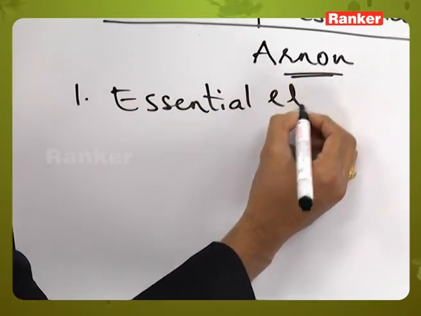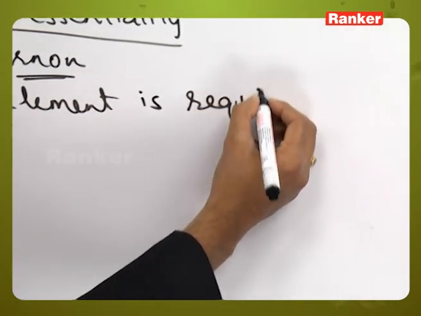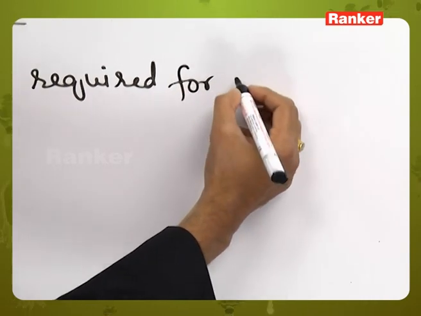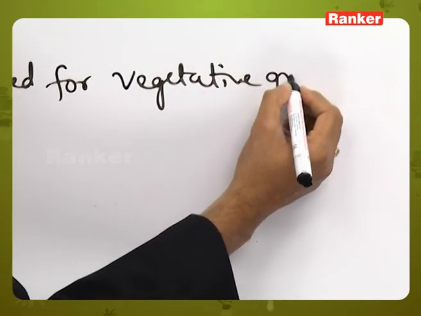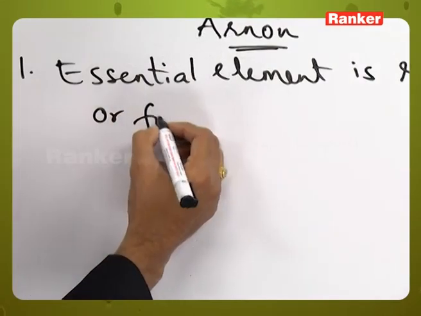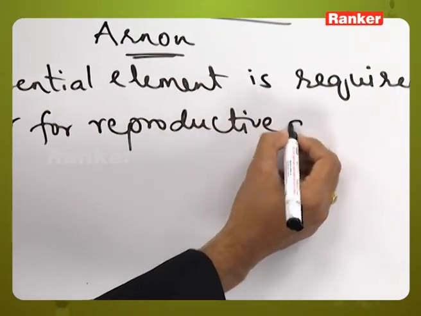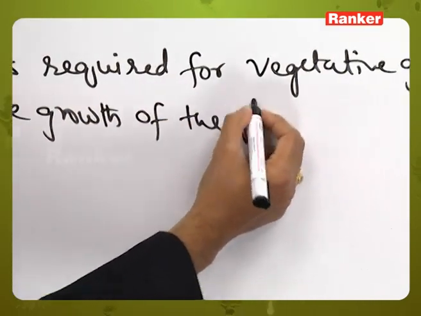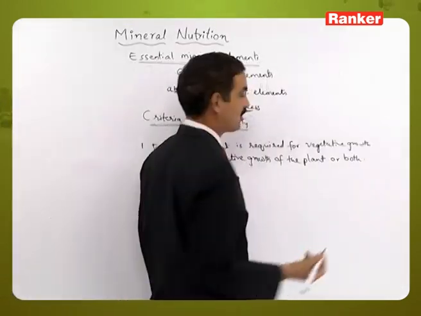The first criterion is that the essential element is required for vegetative growth or for reproductive growth of the plant, or for both types of growth.